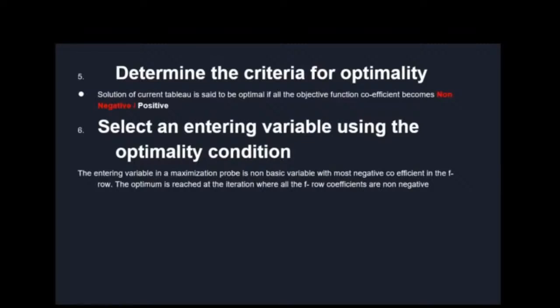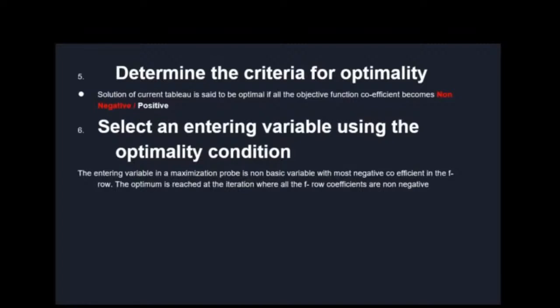Now the fifth step, determine the criteria for optimality. The solution of the current table is said to be optimal if all the objective function coefficients become non-negative. Note that whenever we have negative values, the solution is not optimal. We require all positive values.